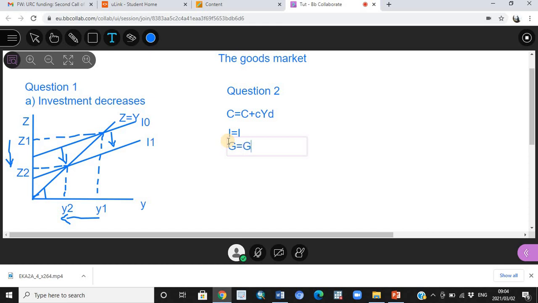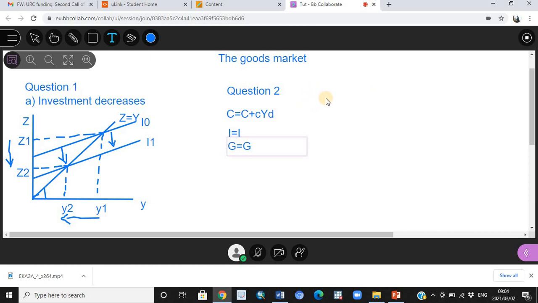Depending on how big the economy we are dealing with, whether it is an open economy or a closed economy, these might change. If we are dealing with an open economy, in our big identity we're going to have also NX, which stands for exports minus imports. But in this case, we assume a closed economy, so we don't have the foreign sector abroad.